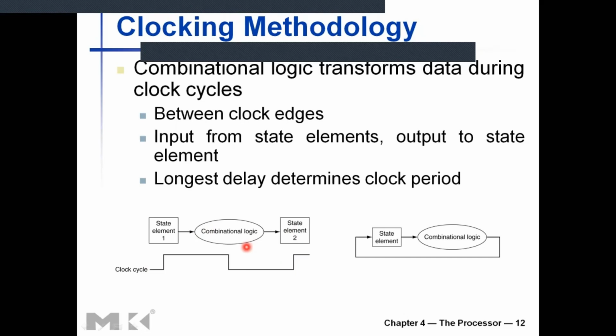That means the combinational logic part that will take the longest time to complete its operation, in other words the combinational logic element with the longest delay, will decide the size of your clock period, or define the clock frequency. So your clock cycle needs to be able to accommodate even the longest, the slowest combinational logic element. I hope that is clear.